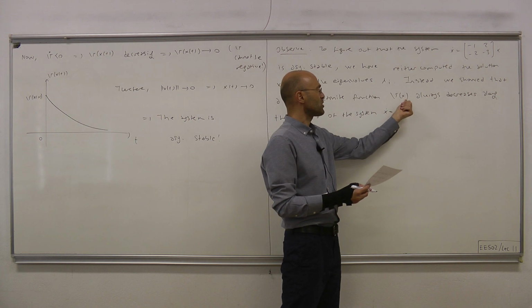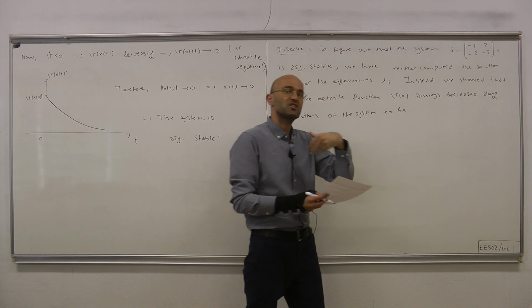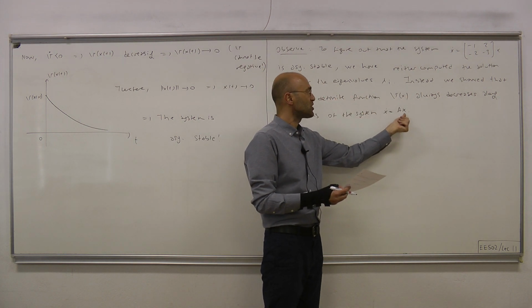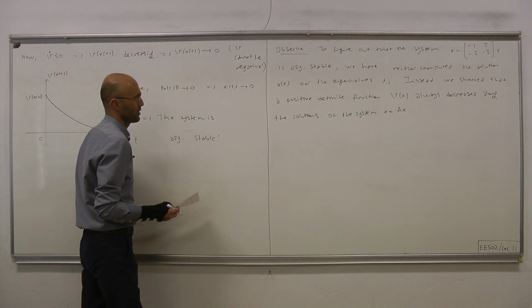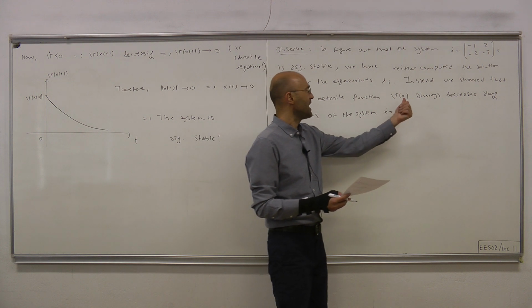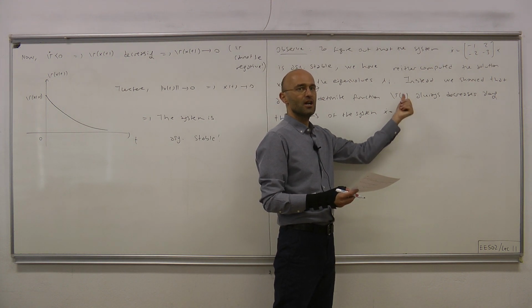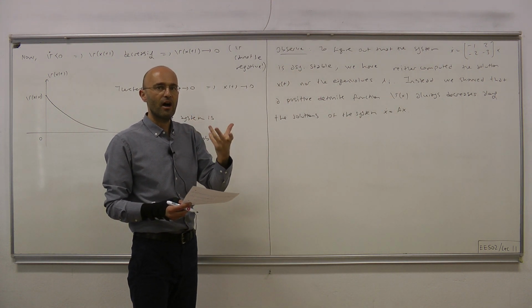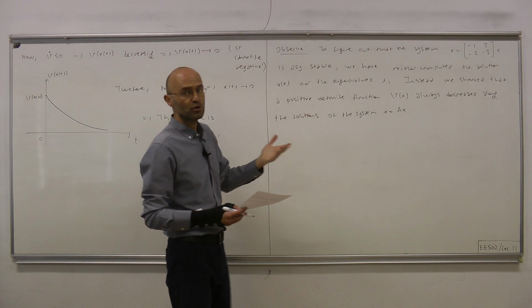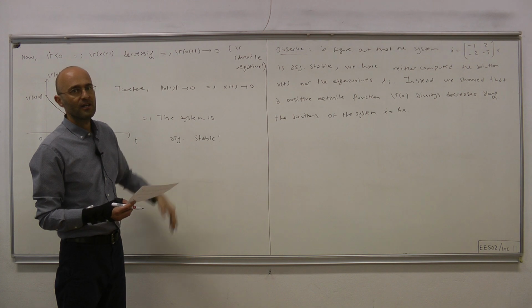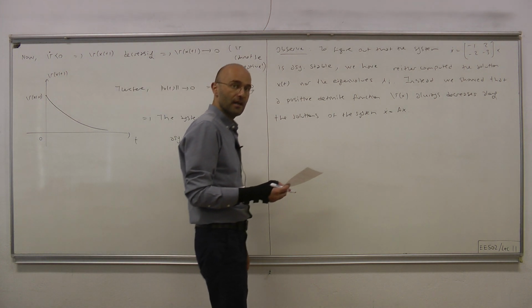Now this last sentence, decreases along the solutions of the system, means that instead of x you plug in x of t, and x of t is not an arbitrary function, it's the solution coming from our LTI system x dot equals Ax. So when you plug in x of t inside that function, you obtain a function of time. And that scalar function of time we have shown always decreases, by looking at its derivative.